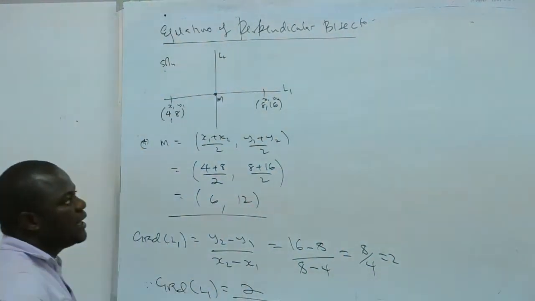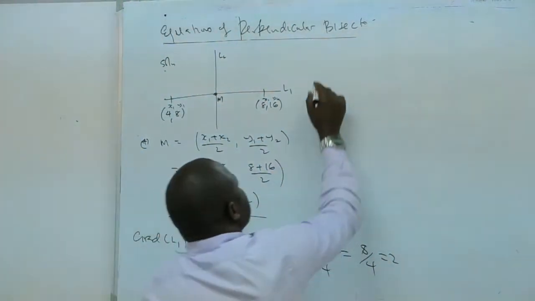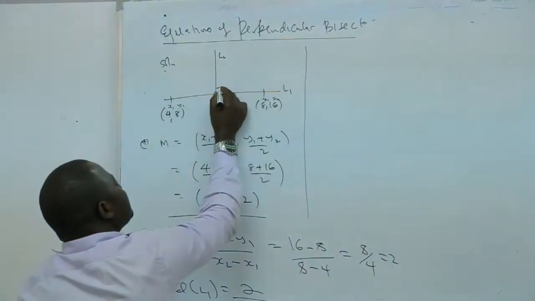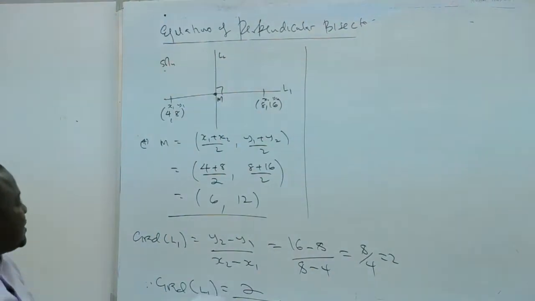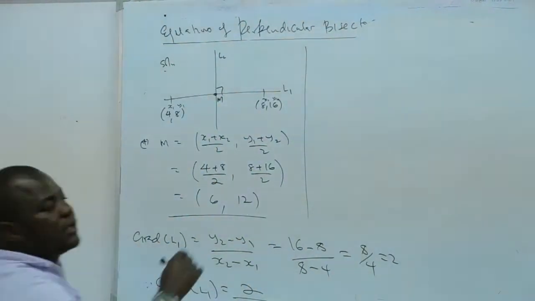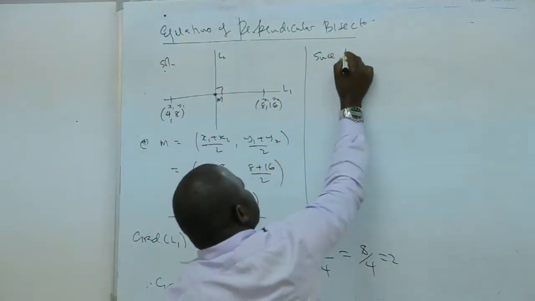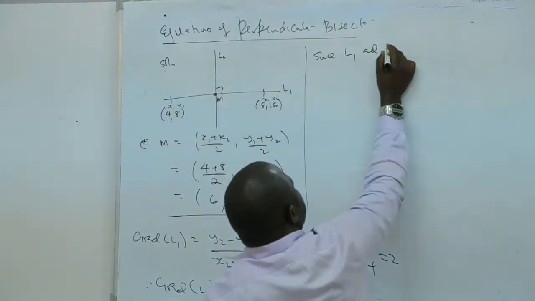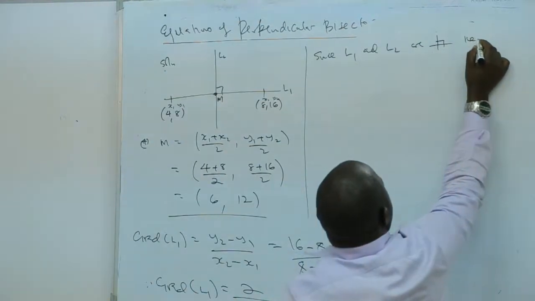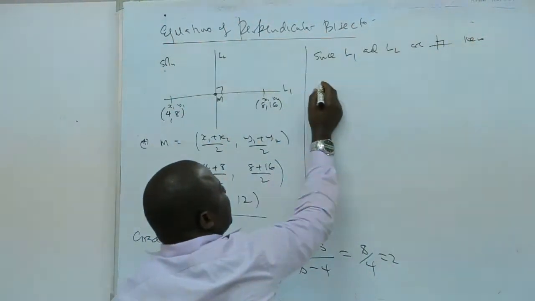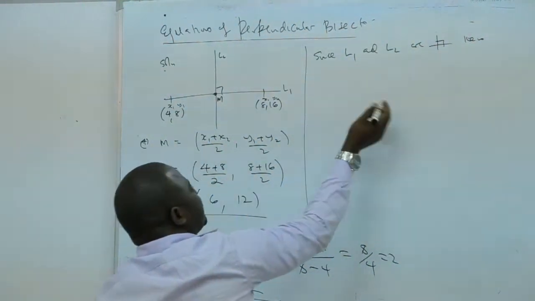So having got the gradient of L1, these lines are perpendicular. The next thing is to use this gradient to get the other, because these lines are perpendicular. So we say since L1 and L2 are perpendicular, then M1 times M2 is -1. I just write it short because I'm lazy to write the word perpendicular.